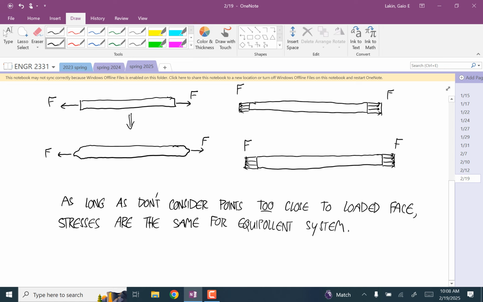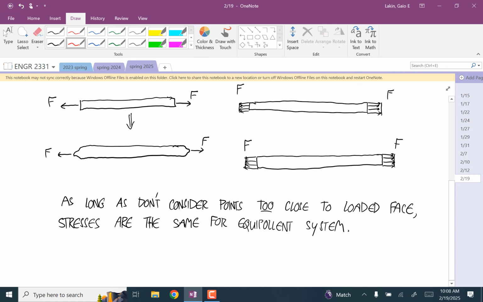So in other words, as long as you don't trust your answers right where those forces are being applied, you can replace any load you want with an equipollent system on that face, and it'll give you good answers.